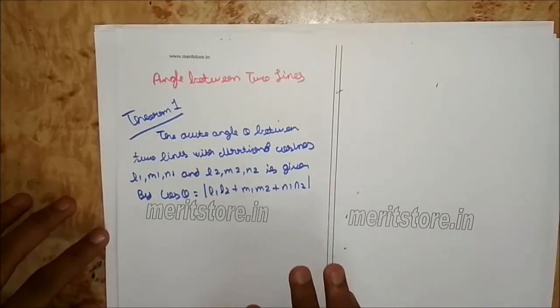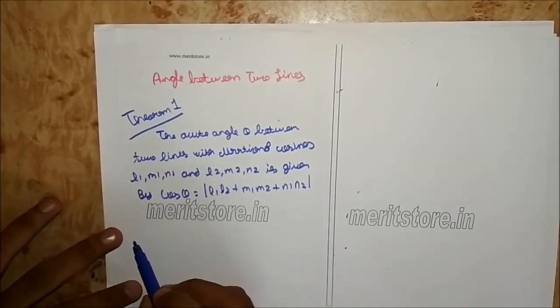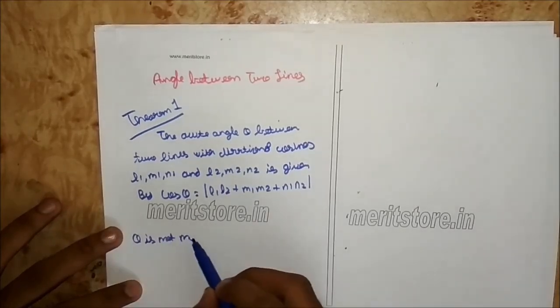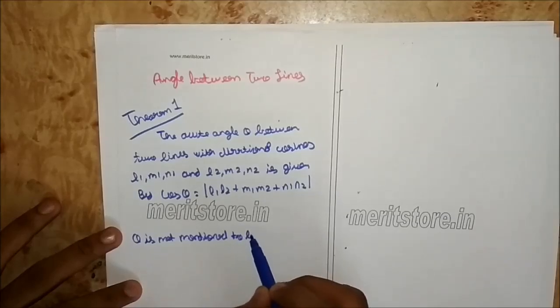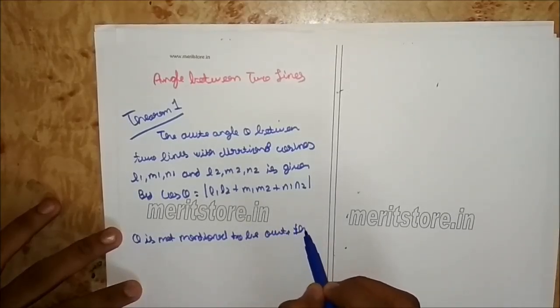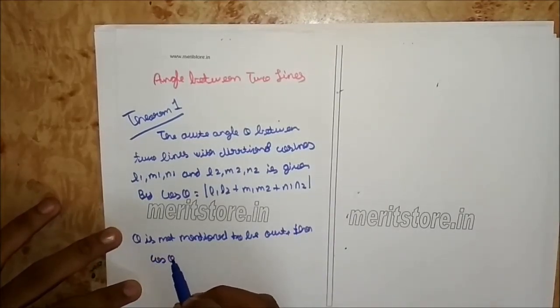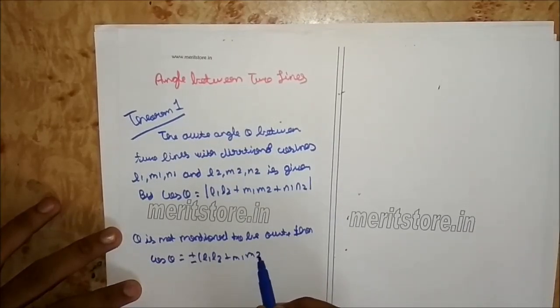Note, in the given theorem, if theta is not mentioned to be acute, then cos theta is equal to plus or minus of L1 L2 plus M1 M2 plus N1 N2.